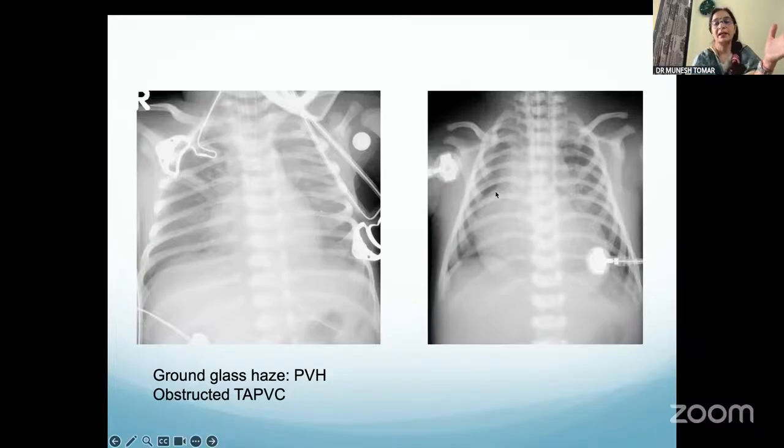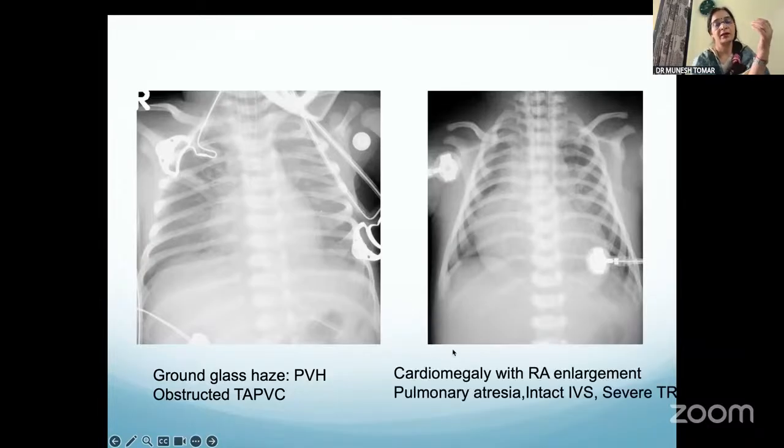This is cardiomegaly, a patient with pulmonary atresia with intact septum, and this patient was having severe TR. Any valve regurgitation in the newborn period will lead to cardiomegaly. So if cardiomegaly is there in the neonatal period, it is not a shunt lesion. That we all need to understand. It means valve regurgitation, whether it is tricuspid regurgitation, which is very common.